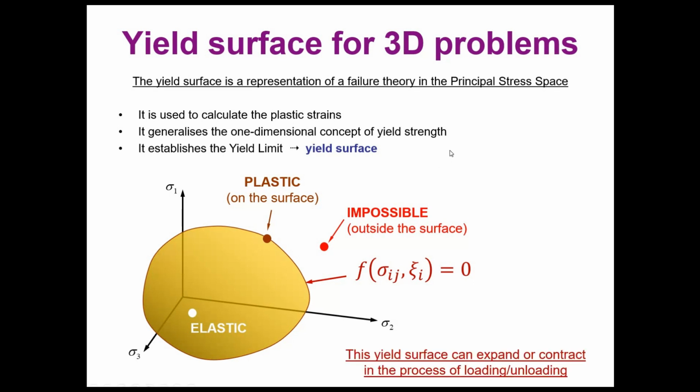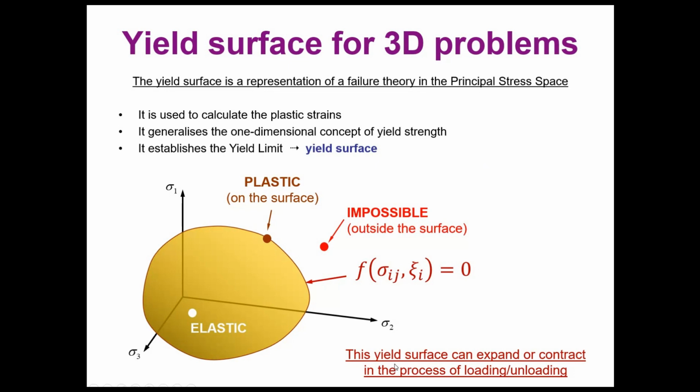And this is what we are going to describe after this slide: the relationship between the failure theories defined in a classical way and the plasticity model we are going to use in a computational geomechanics approach for simulating our problems of soil structure interaction.